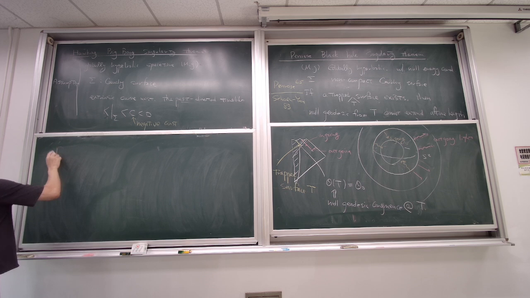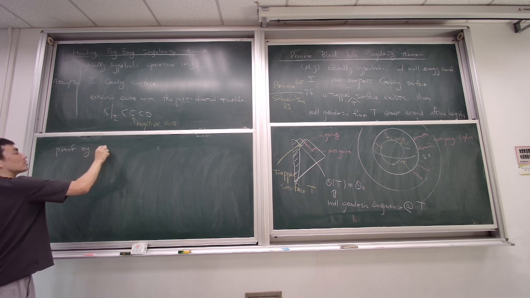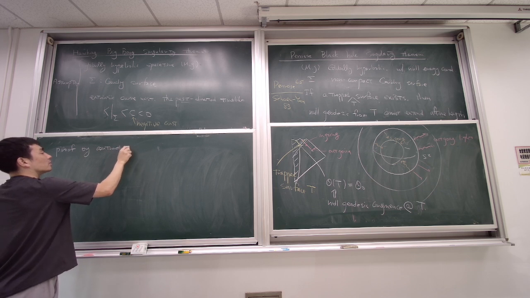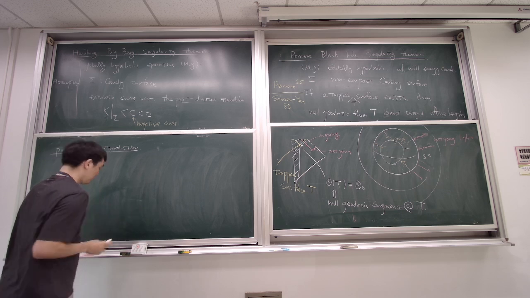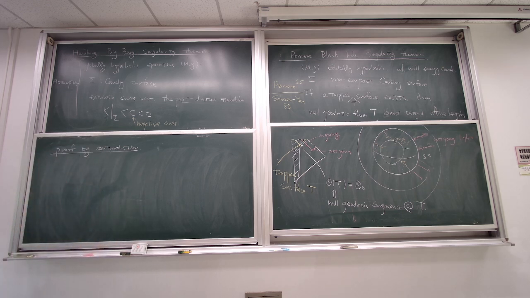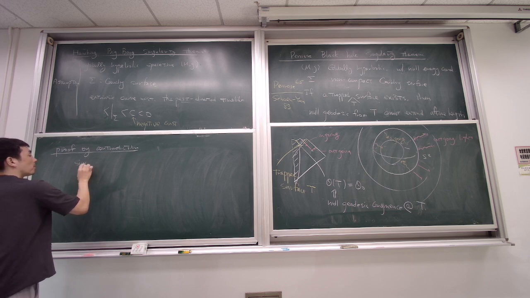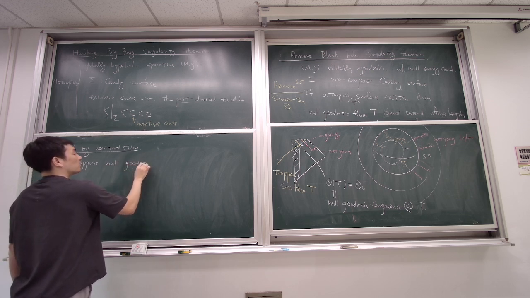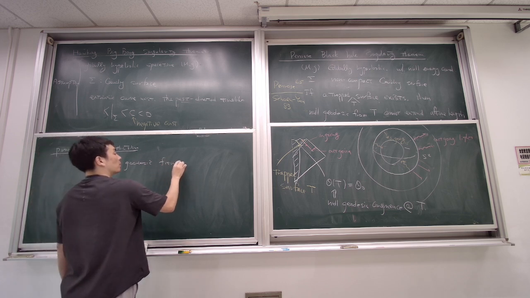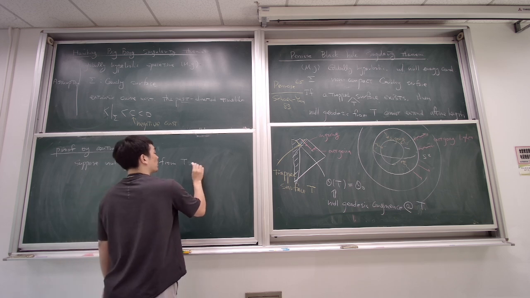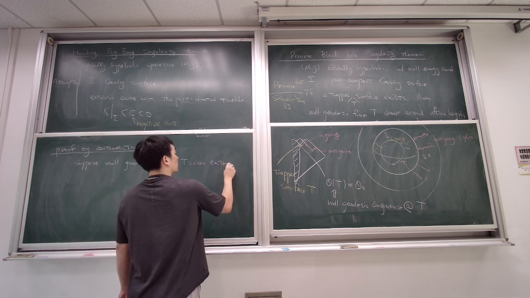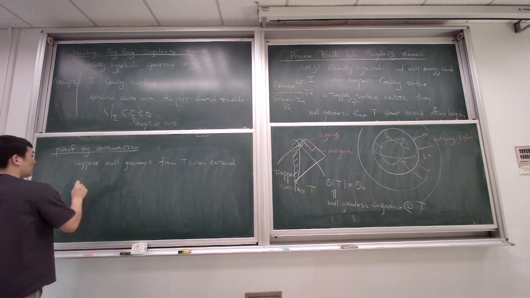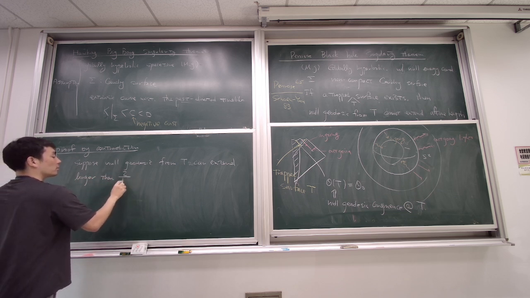Again, proof by contradiction. What we are going to do is to assume, suppose, a null geodesic from T can extend longer than 2 over theta 0.